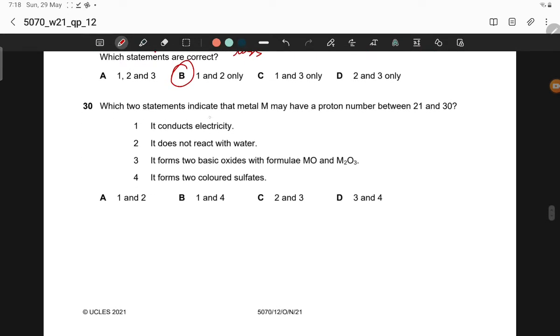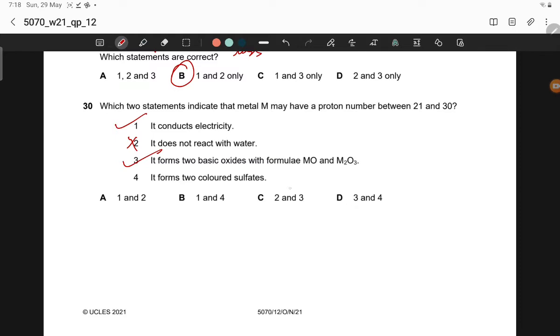Which two statements indicate that metal M may have proton number between 21 and 23? It conducts electricity, yes. It does not react with water, correct. It forms basic oxides with variable oxidation states, forming more than two types of compound with different oxidation states.